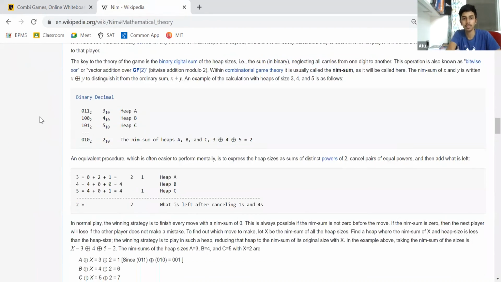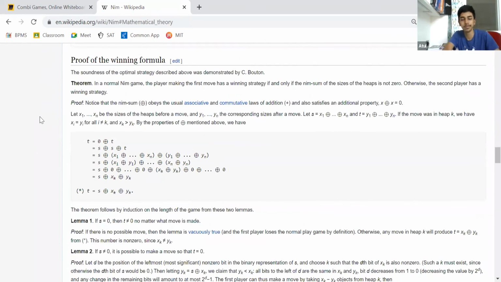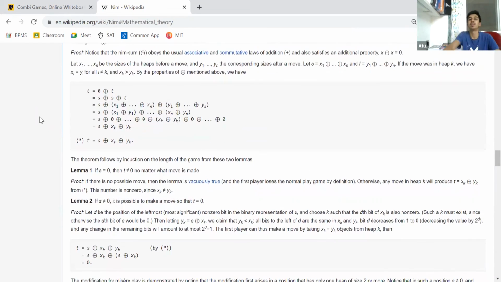Yeah, the Wikipedia solution is the same. It's just written more fancy. It's essentially the same, just a lot more notation.